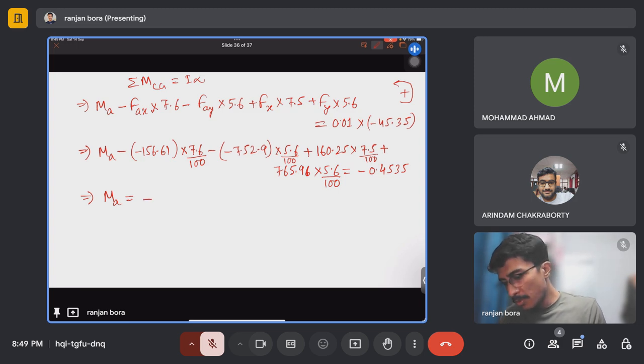If we do that, we will get minus 109.4 Newton meter.